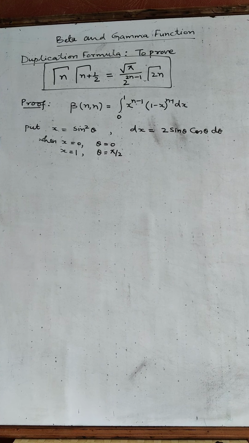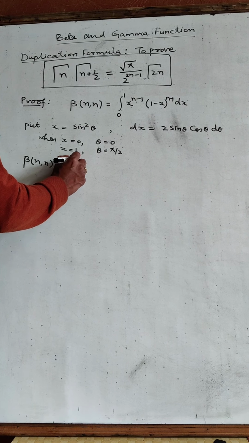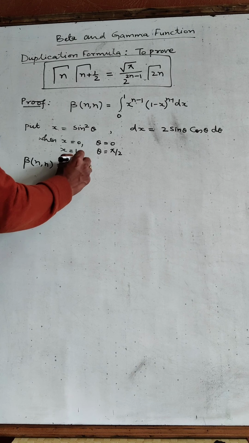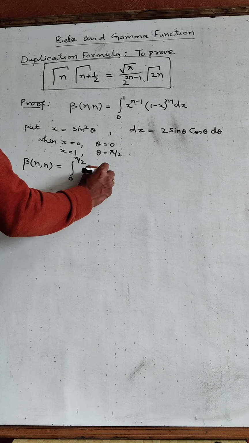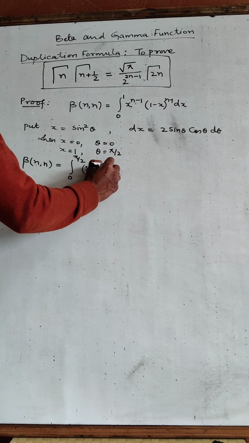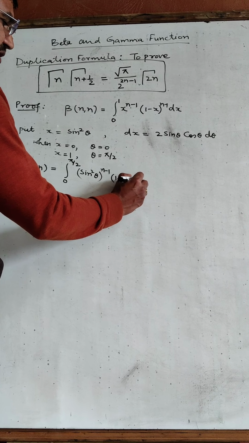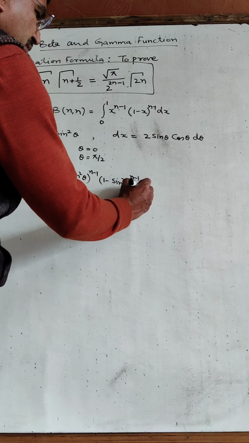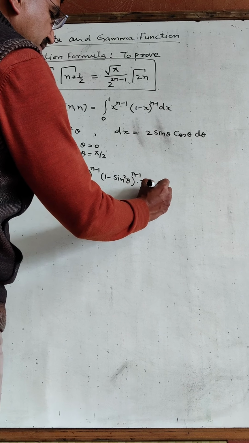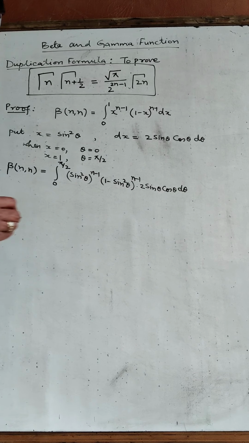So beta of n, n would be equal to the integral from 0 to pi by 2 of sine square theta raised to the power n minus 1 into 1 minus sine square theta raised to the power n minus 1 into 2 sine theta cos theta d theta.